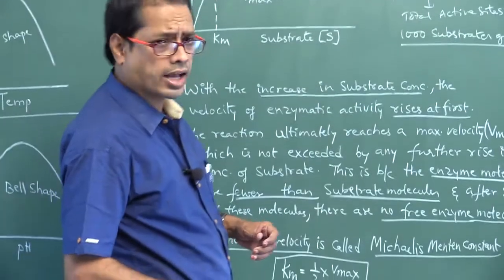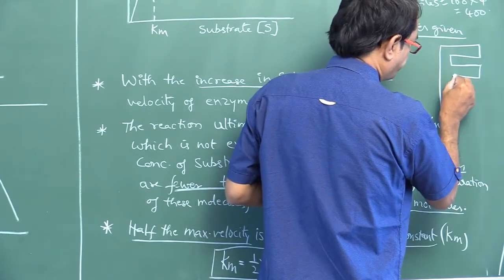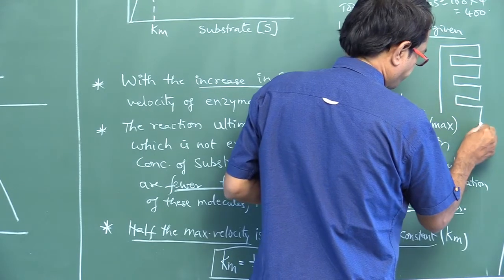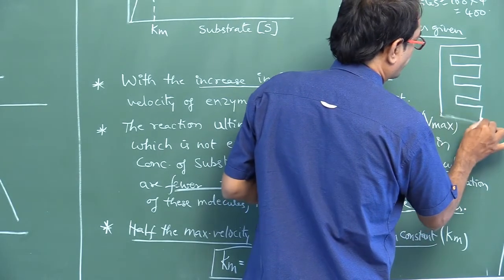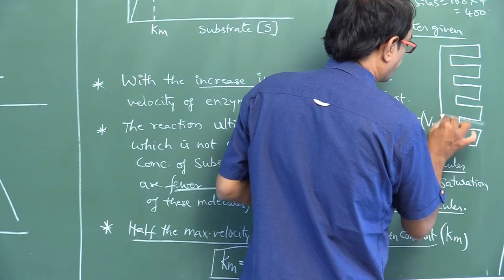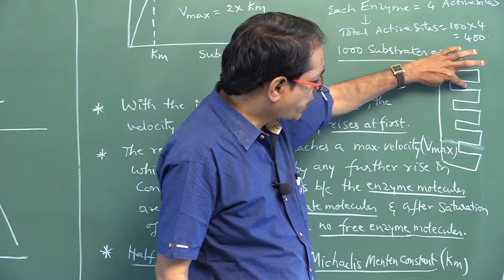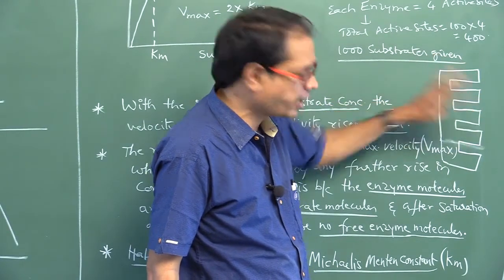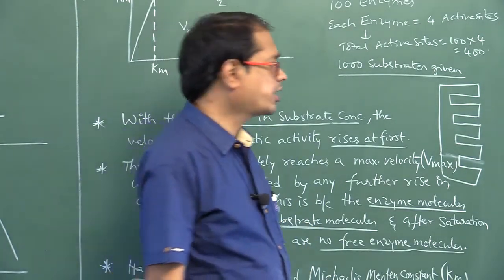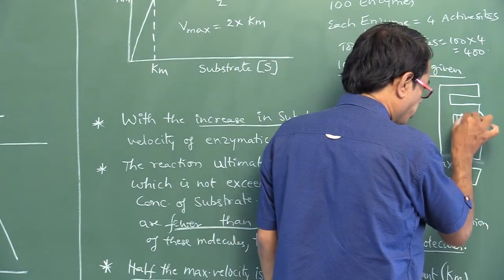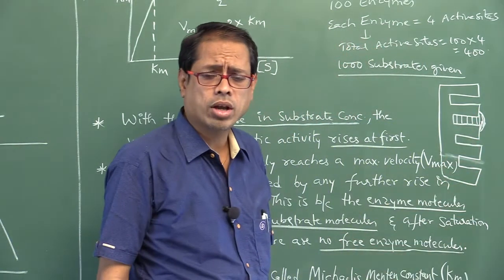In other words, let us suppose this is the enzyme. First active site, second active site, third active site, fourth active site. This enzyme has 4 active sites. Let us suppose a substrate molecule is attached to one active site.